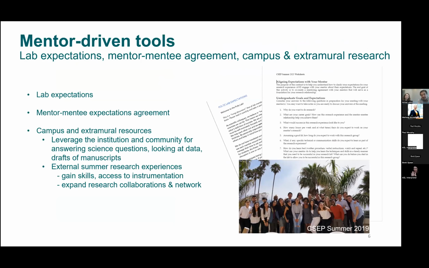Wonderful. So what we have decided is we'll break this up, at least starting with the mentor-driven tools. And we broke this up into 3 general categories that I think will hopefully address many of the broad audience on the webinar today. And so I want to start with just lab expectations.